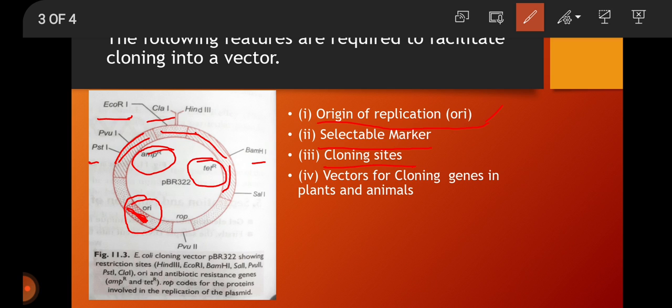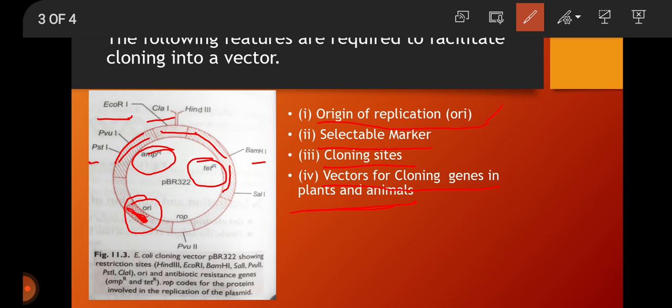Fourth feature, we need vectors for cloning genes in plants and animals. There are several vectors which are used for cloning genes in plants and animals. In plants, the tumor-inducing plasmid Ti of Agrobacterium tumefaciens is used as the cloning vector.